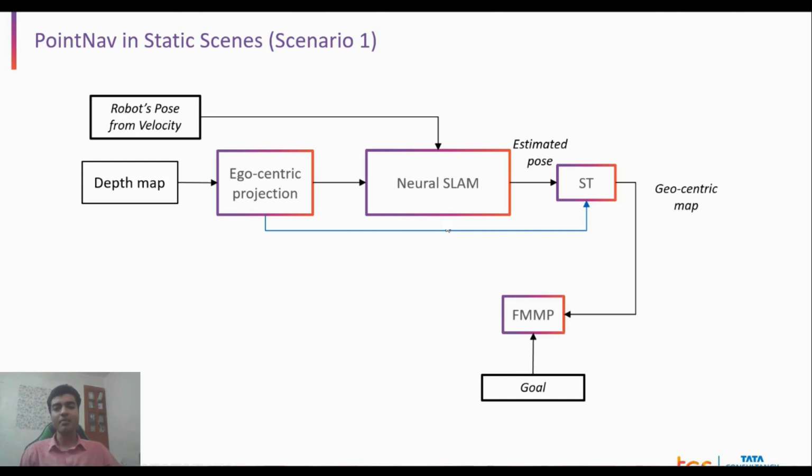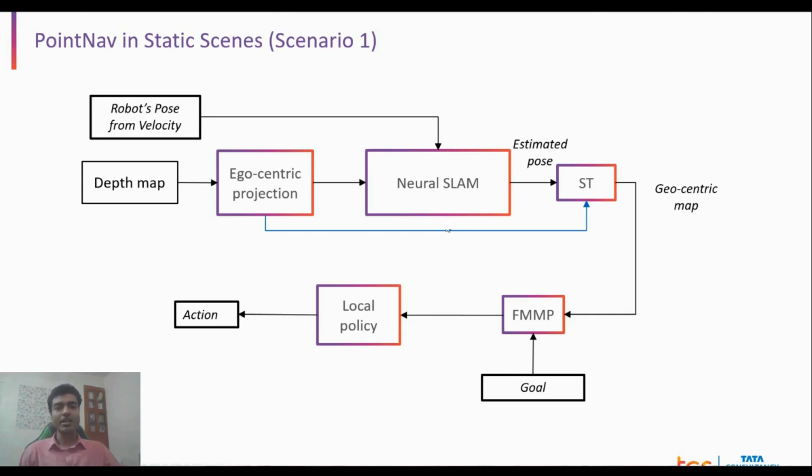This geocentric map is fed to a simple deterministic motion planner. In this case, it is the fast marching motion planner, but we can replace it with other motion planners as well. And with the goal, we find out a local policy that is made into actions by an imitation learning policy. And more description is available in the Active Neural SLAM paper.